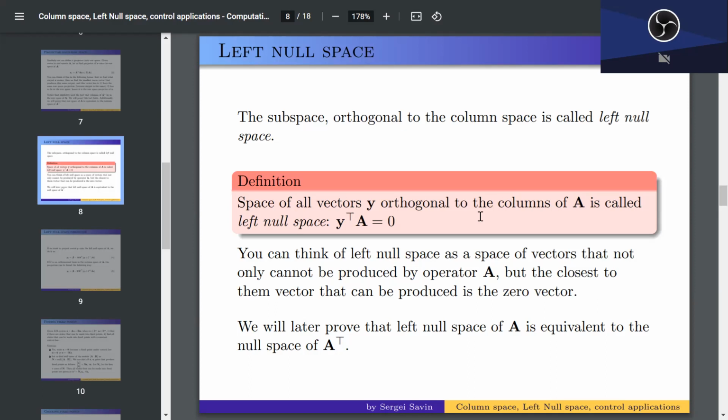From the last lecture, did the ideas of the column space make sense? Like, was there anything particular about the last lecture that was a little bit difficult? Well, we are on the same slides. Sorry for interrupting, sir.